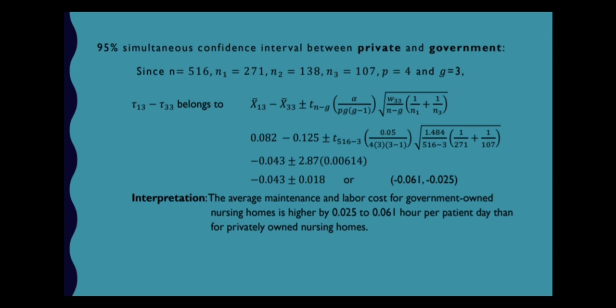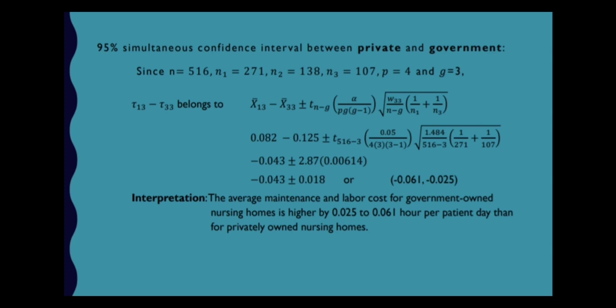Okay, so from here, because there is no zero included in the interval, we can say that there is a significant difference between private and government. Okay, there is a significant difference between first population and third population, okay, for third variable.